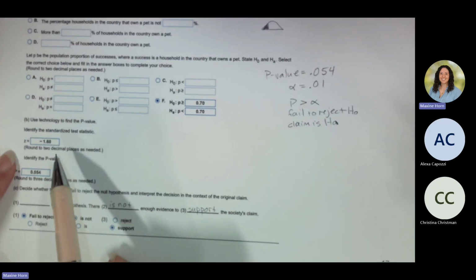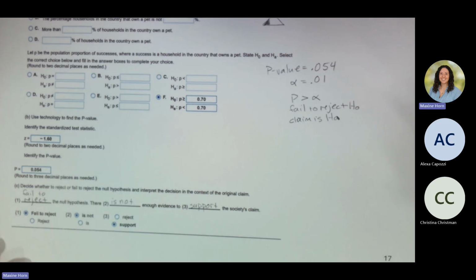We identified the standardized test statistic. The calculator shot that out for us, as well as the p-value. And then we used that to say that we failed to reject the null. And that, along with the fact that our claim was the alternative, told us how to word our final conclusion and interpretation. There is not enough evidence to support this society's claim.